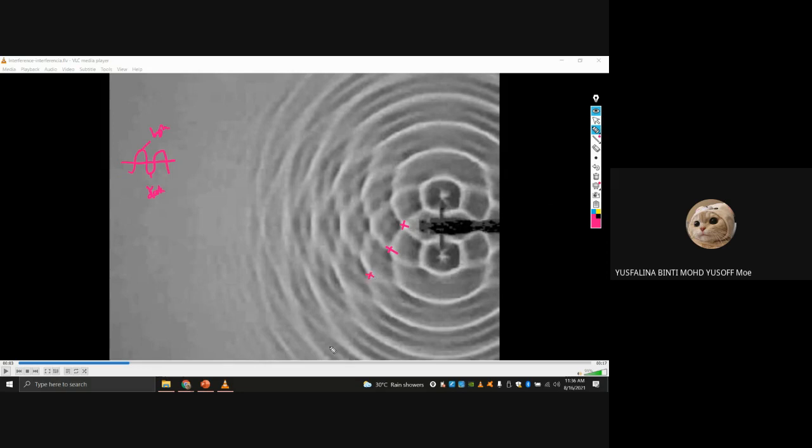And remember I said just now about the antinodal line. So what is the antinodal line? The antinodal line is the line that connects all the antinodes, right? So here, this is constructive, this is constructive, and this one is also constructive interference because crest meets crest.